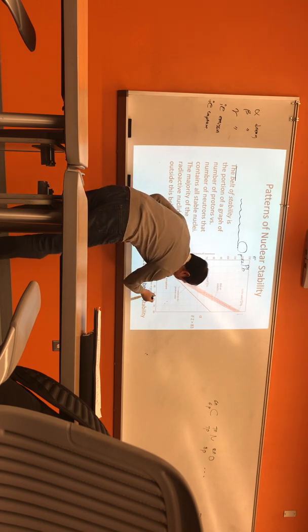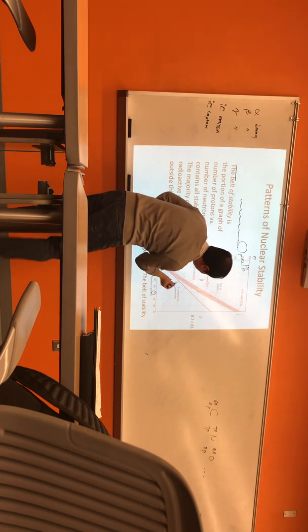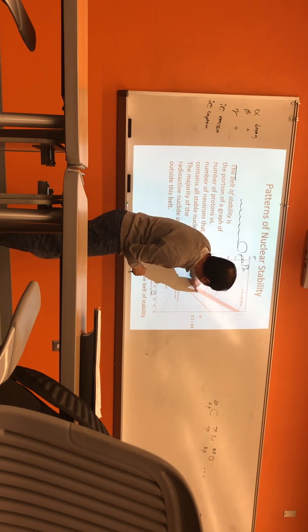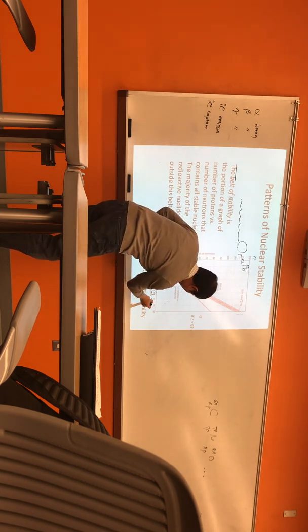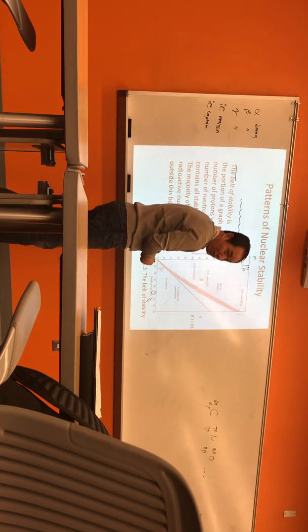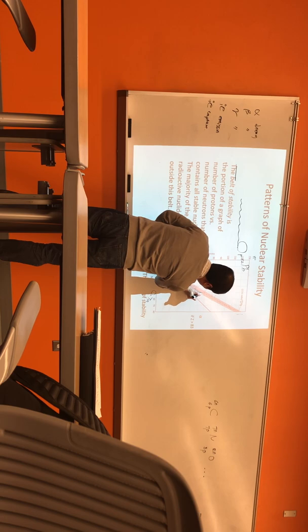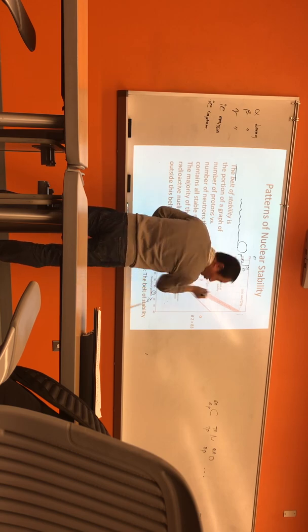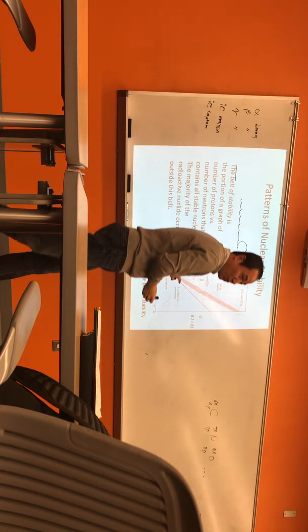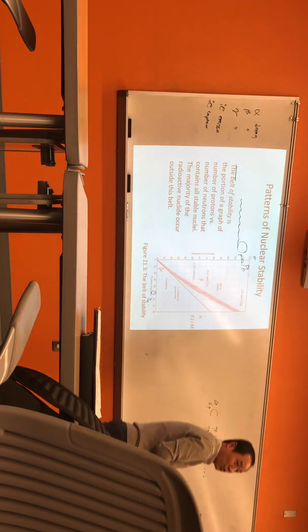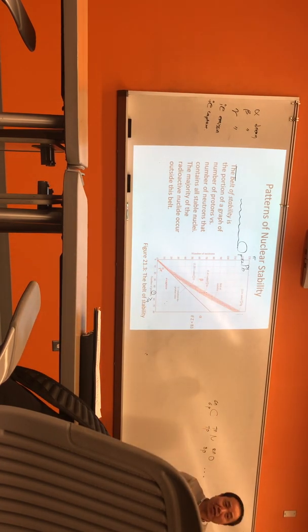And number 50, do you see that it's filling almost all the belt here? This is tin. Tin is also very stable, so you can have many different numbers of neutrons. So it has the most isotopes, I think about 10 different isotopes.